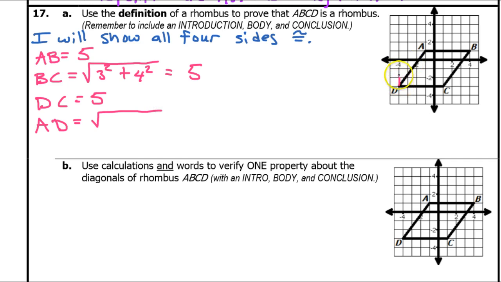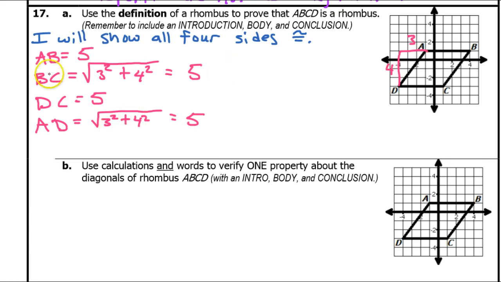I'm back to making a little right triangle out of it. Now this vertical piece is 4 and the horizontal piece is 3. So I'm back to doing 3 squared plus 4 squared. And again, this is a 3, 4, 5 triangle, or if you put this in your calculator, you're going to get 5. Alright, so all 4 sides were equal to 5.